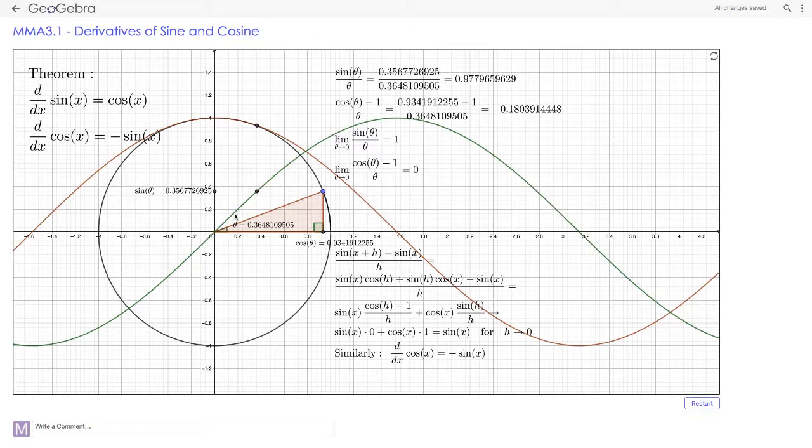Now notice that sine is 0 at 0, right? So if we just use x equals 0, then this disappears, agree?